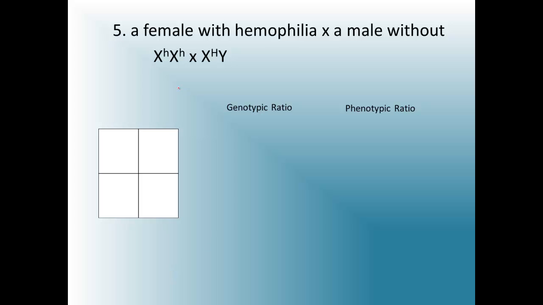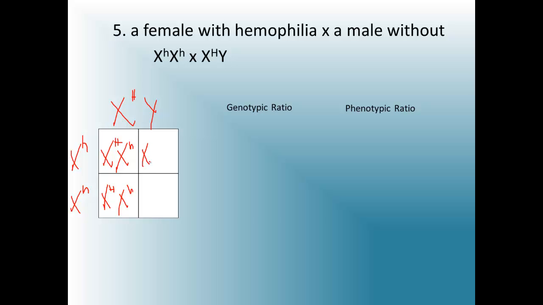Let's do another one. So now we're going to cross a female with and a male without. Okay, again, I immediately write my sex chromosomes. Then I add my actual allele that I'm crossing. I'm going to put my big H first because I'm still going to put my dominant before my recessive.